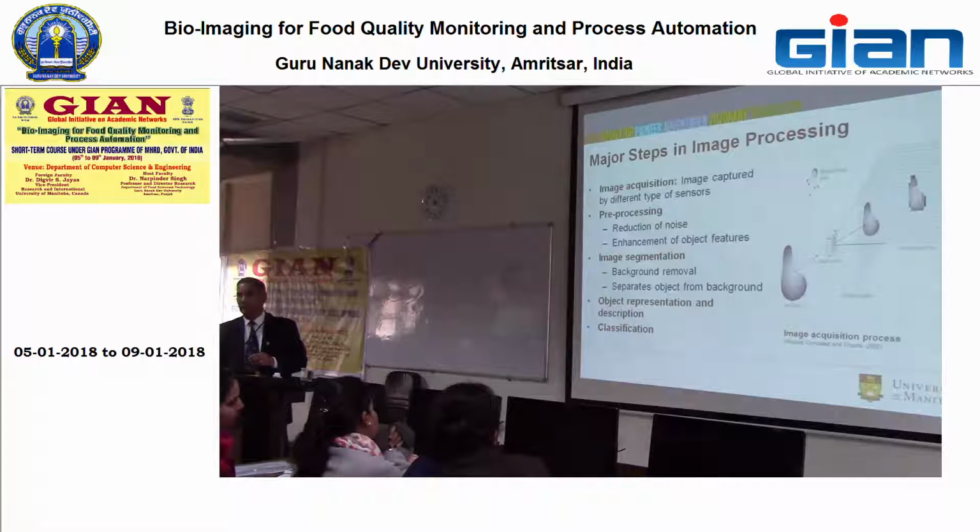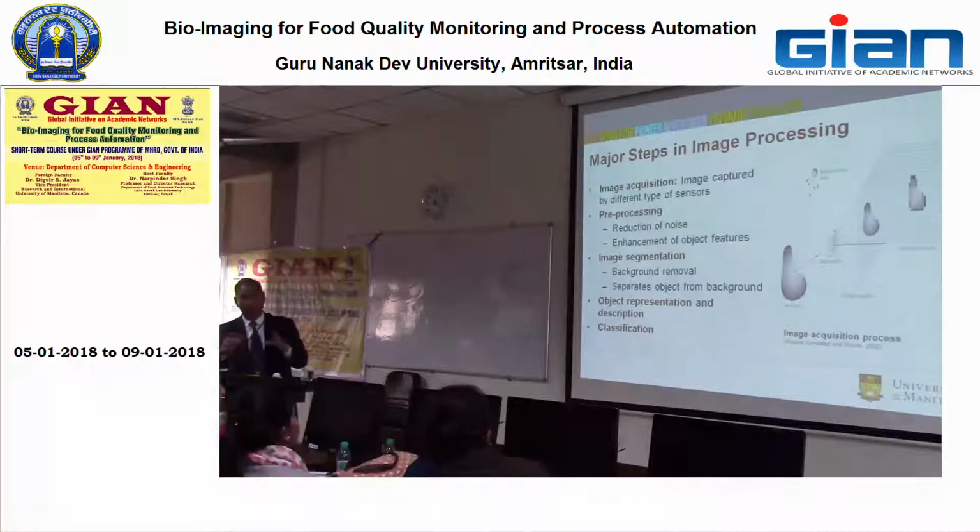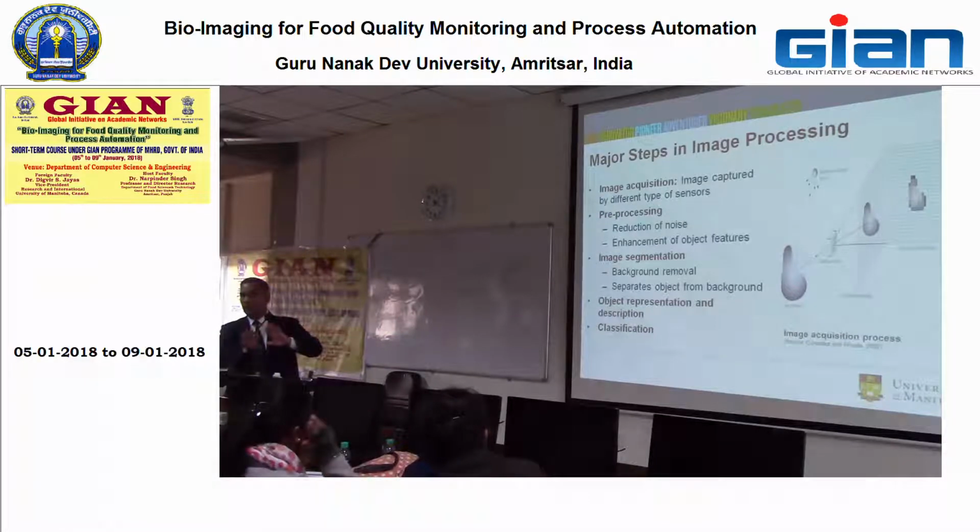Processing, we talked about that: reducing the noise, cleaning the image, enhancing the objects in the image. Image segmentation is separating the background from the object, or the object from the background. Then representation and description is characterizing the object by extracting the features, and then you do the classification. Okay.